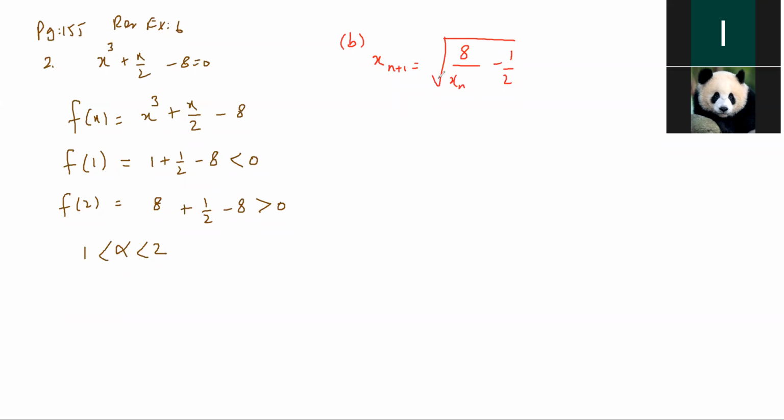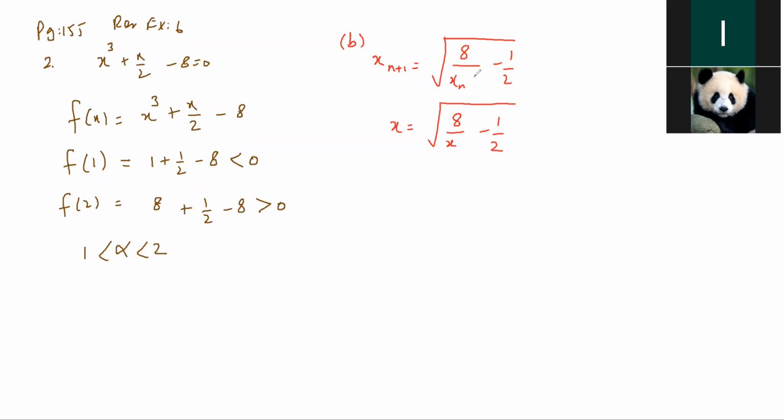Basically, you have to show that this equation is same as this equation. Like if you remove these subscripts and just write this as x equal to square root of 8 over x minus half. Let me read this question again so that you understand.